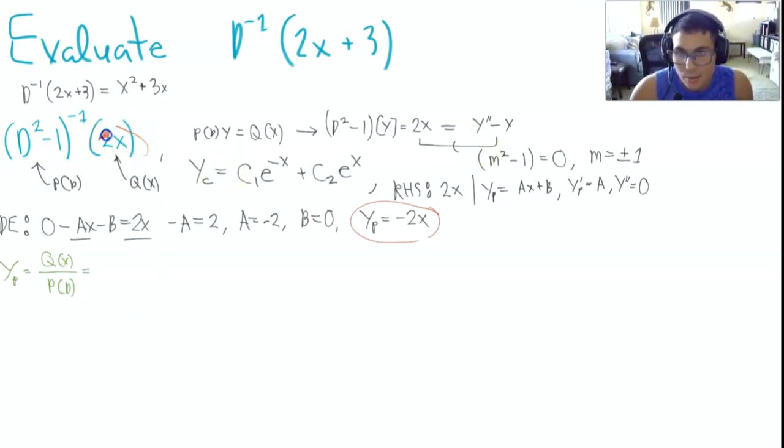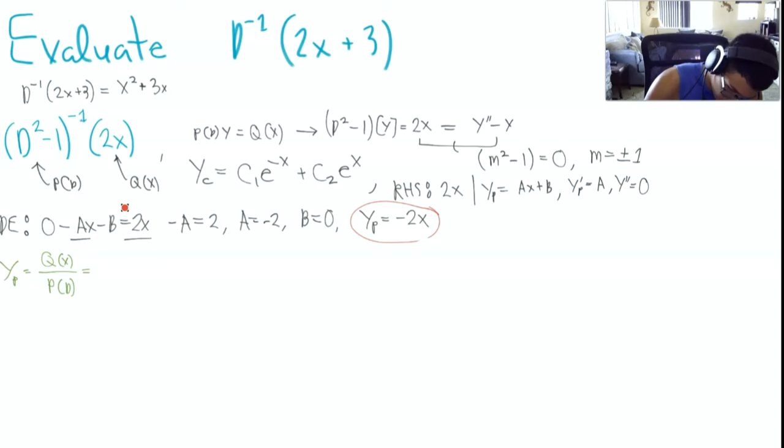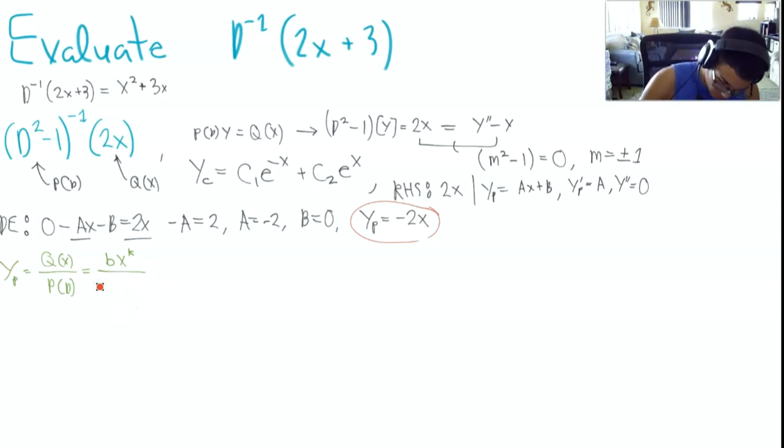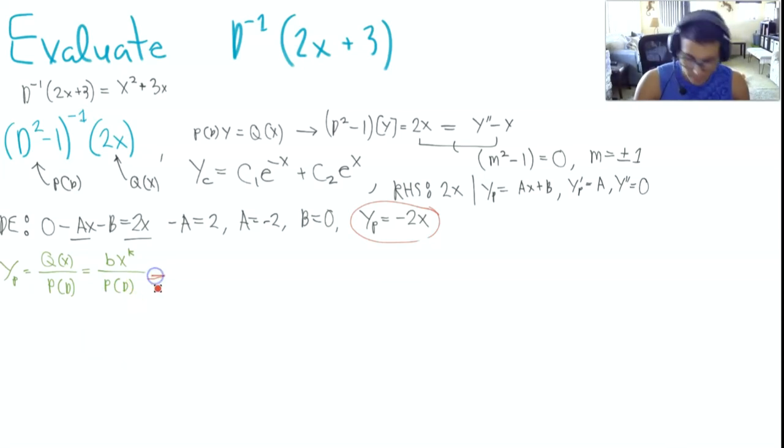This is 2x. So it's a constant coefficient times a polynomial. So we could write it as bx to the k. And p of d, we'll just leave it as that for now. Well, the formula for yp goes as follows.